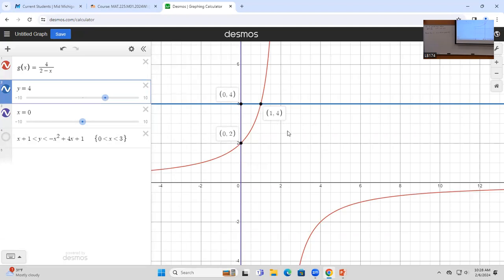We see all 3 points there. We have 3 points of intersection. One of them is (0, 4), the other is (1, 4), and the other is (0, 2).